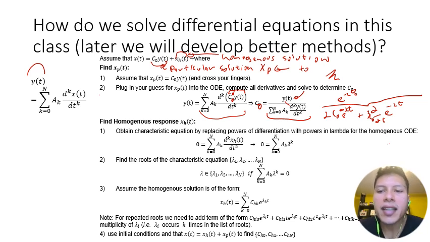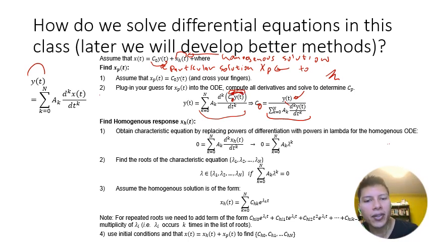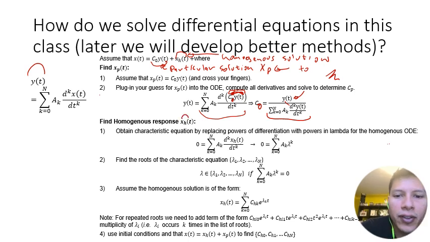So once we have C0, which we derive by plugging our particular solution into the differential equation, then we take our total solution and use that to find the coefficients for our homogeneous solution. So first we need to find the characteristic equation. We use that to find the roots.